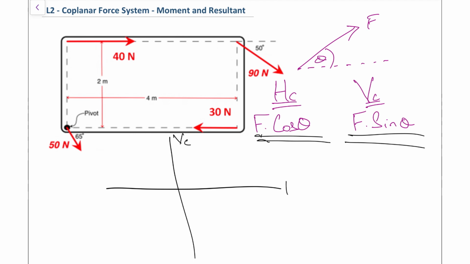The horizontal axis represents our horizontal force components. Above the horizontal line, these values will be positive, so that's a plus. Below, negative. And to the right on the horizontal line, that's plus. And to the left, that's going to be minus, just like your coordinate grid.